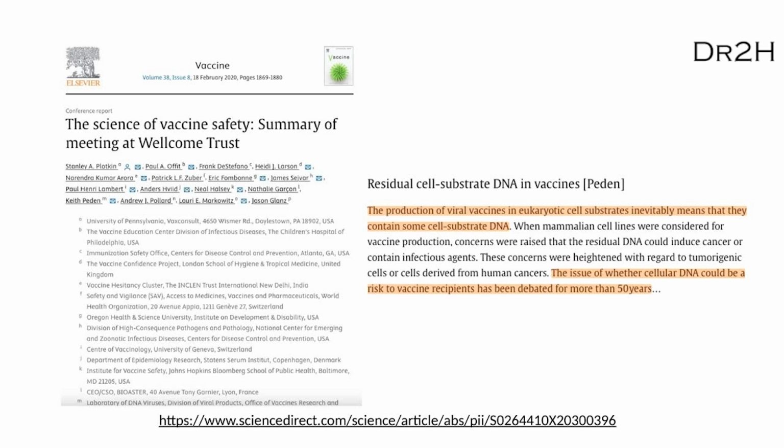And also, these tests all have to be done by independent labs, so it is not just the manufacturer doing these tests. So, in other words, yes, there are plasmid DNA fragments in messenger RNA vaccines, but they are also present in many other vaccines dated before messenger RNA vaccines. So let's be clear on that.